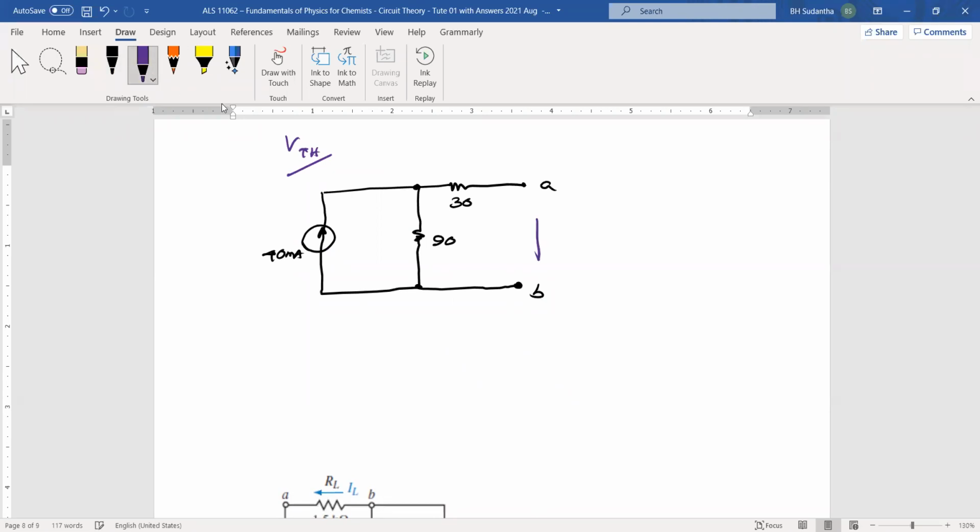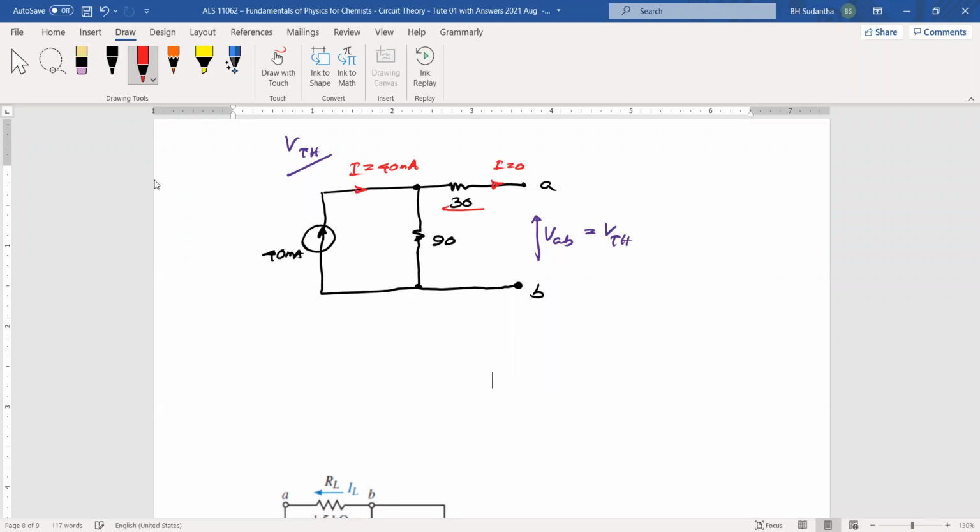Then we want to find this VAB. Why? It equals VTH. Okay. Then shall we mark current here? I is 40 milliamperes. It's coming from this one, and this current is 0.